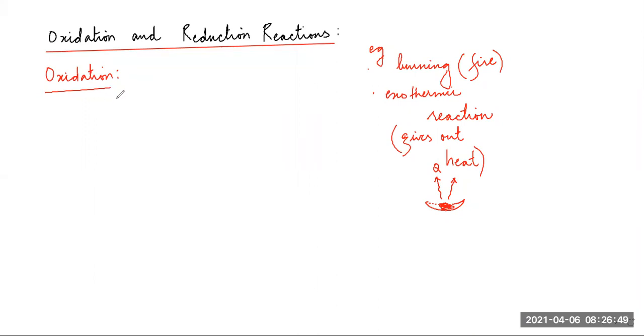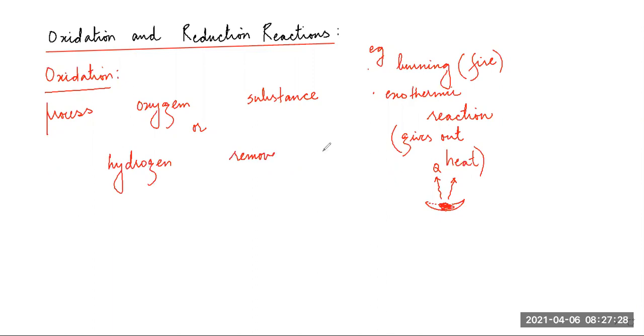An oxidation reaction could be defined as a process in which oxygen is added to a substance. We'll soon give an example. Or a process in which hydrogen is removed from a substance.